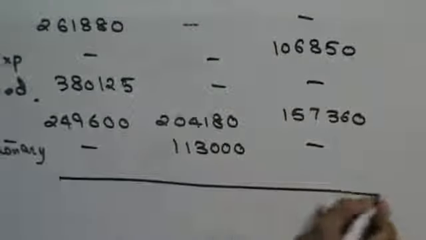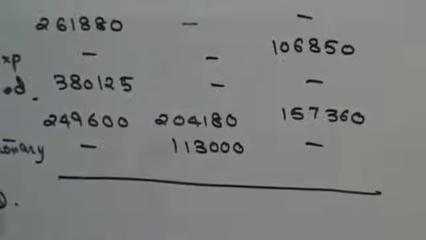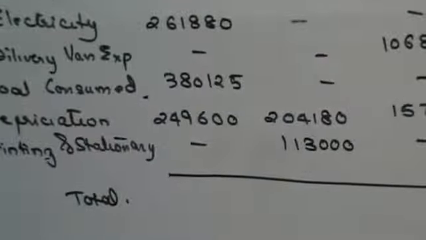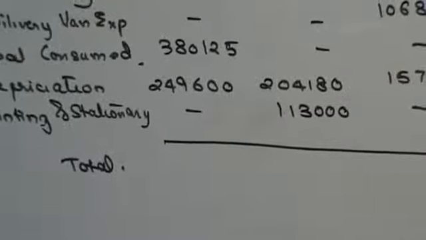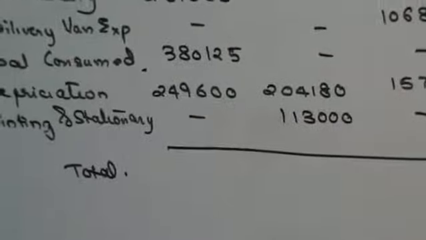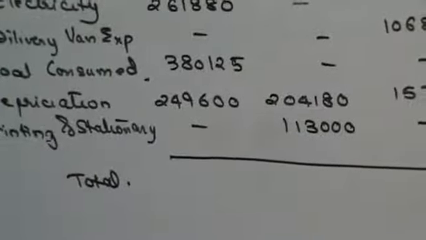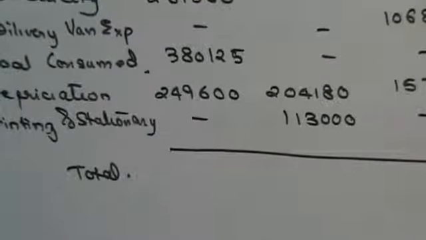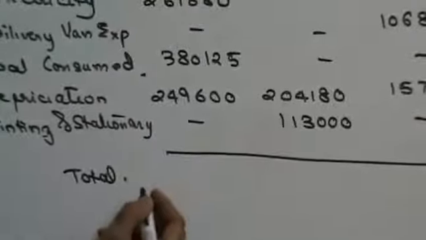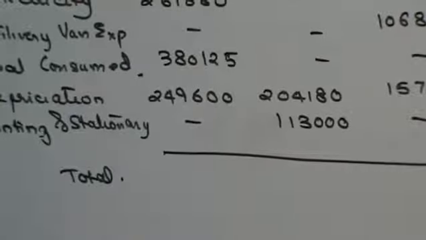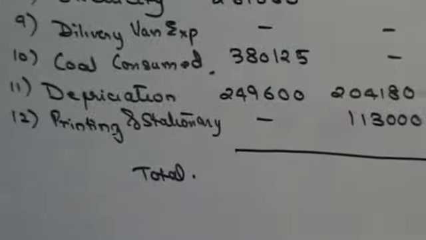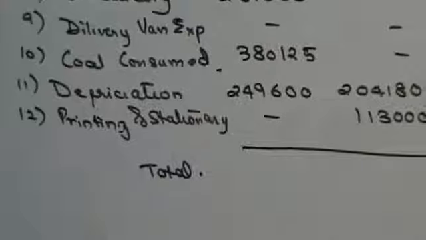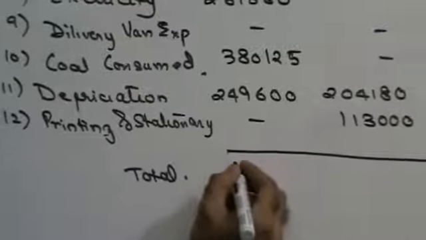Someone please help me do the addition of these three columns. One of you add the first, the other add the second. First one is 15,64,800.